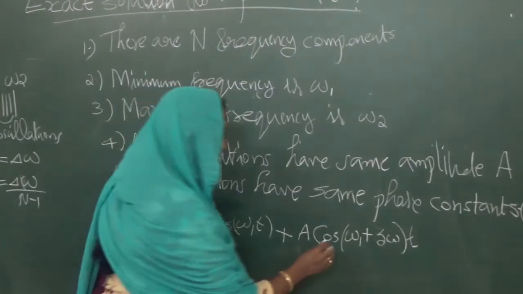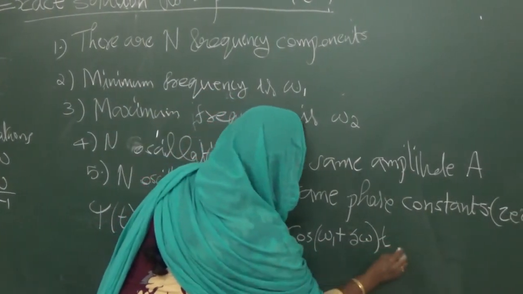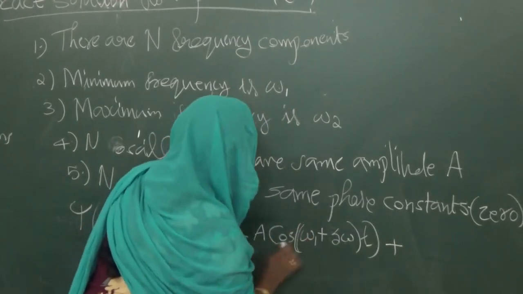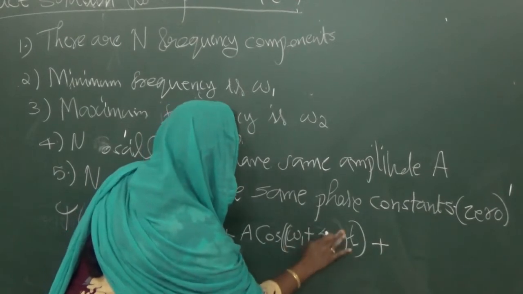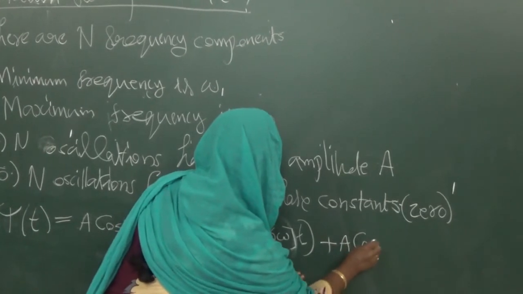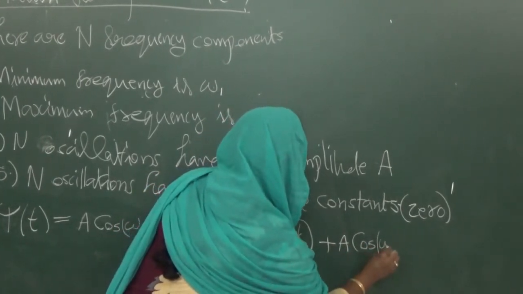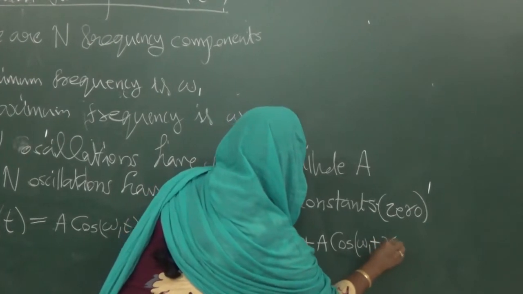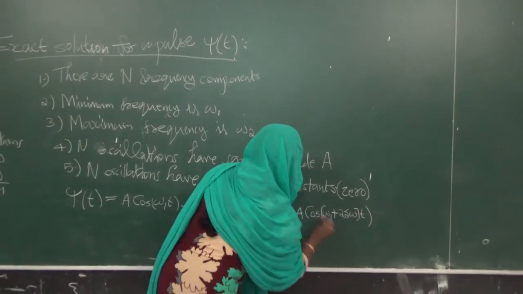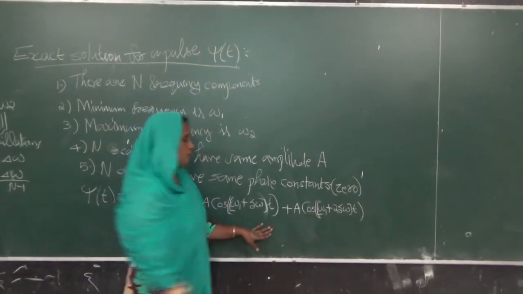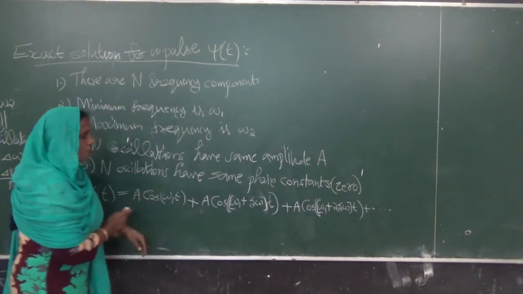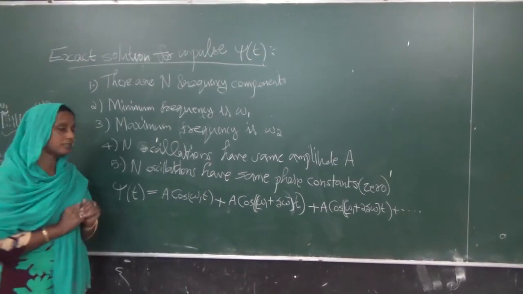Then plus A cos (omega 1 plus 2 delta omega) t, plus and so on, up to finally, what is the final frequency of oscillation?